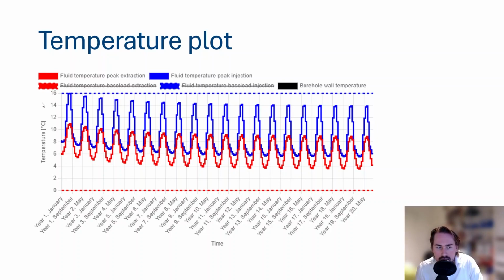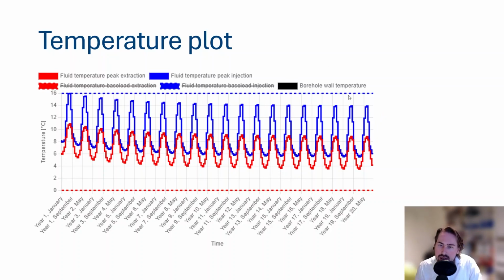So as a recap, what you can see here is a temperature profile as a function of time, in this case 20 years, where you see three different lines. You have the average fluid temperature during extraction, so when the building is heating, and the blue line is when the building is being cooled, so we're injecting the heat into the ground.